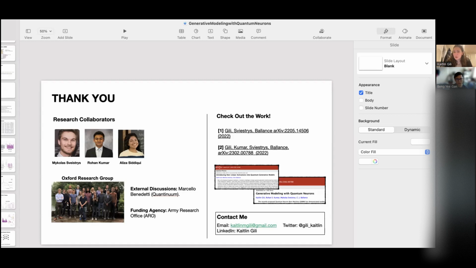From all the barren plateau work I've seen, and I haven't read all of it, it feels like if we have randomly initialized parameters, we get barren plateaus. If we fix some kind of prior that has structured our data, we don't get barren plateaus. So I feel like that's what we should be going towards.